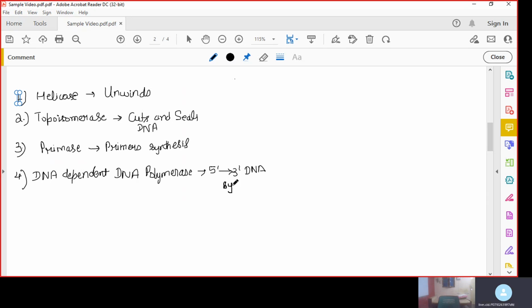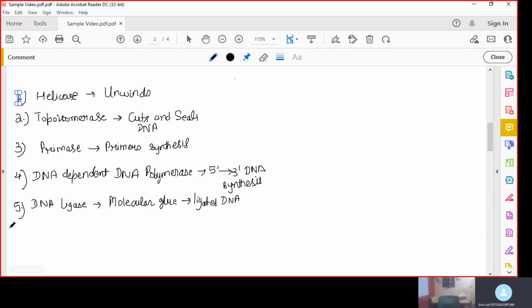This is the fourth one. Then we have another enzyme, DNA ligase. This is known as molecular glue. What it does is it ligates DNA when it is synthesized discontinuously.